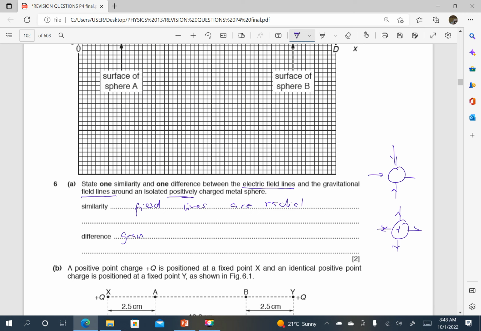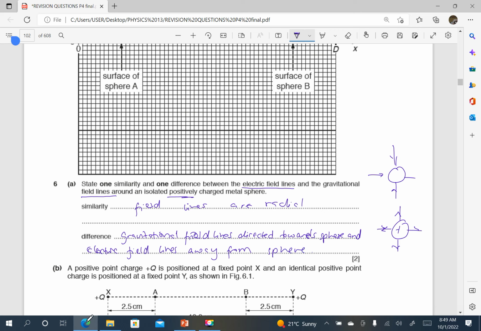So the gravitational field lines are directed towards the sphere, and the electric field lines are directed away from the sphere.